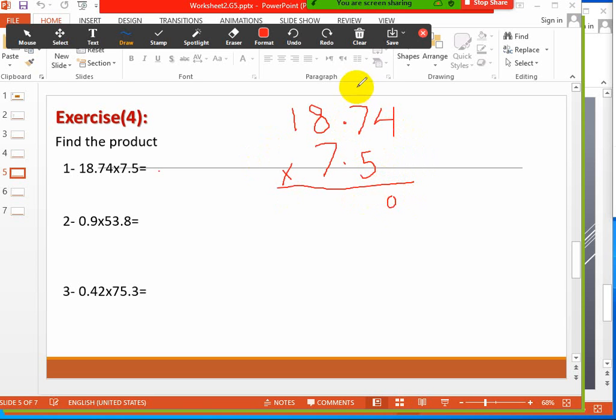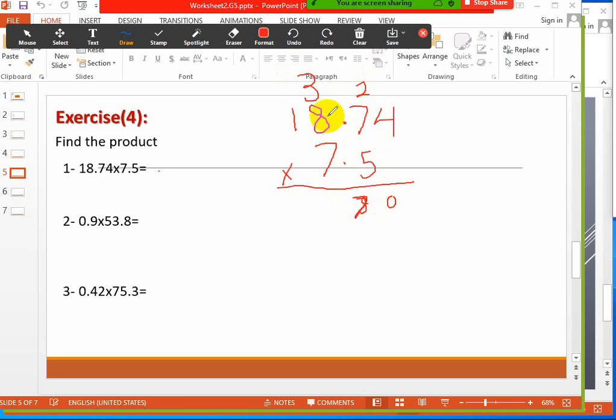20. Very good. Very good. Very good. 35. Just 1 minute. 35 plus 2 equals 37, not 39. So I put 7 here and 3 above the 8.